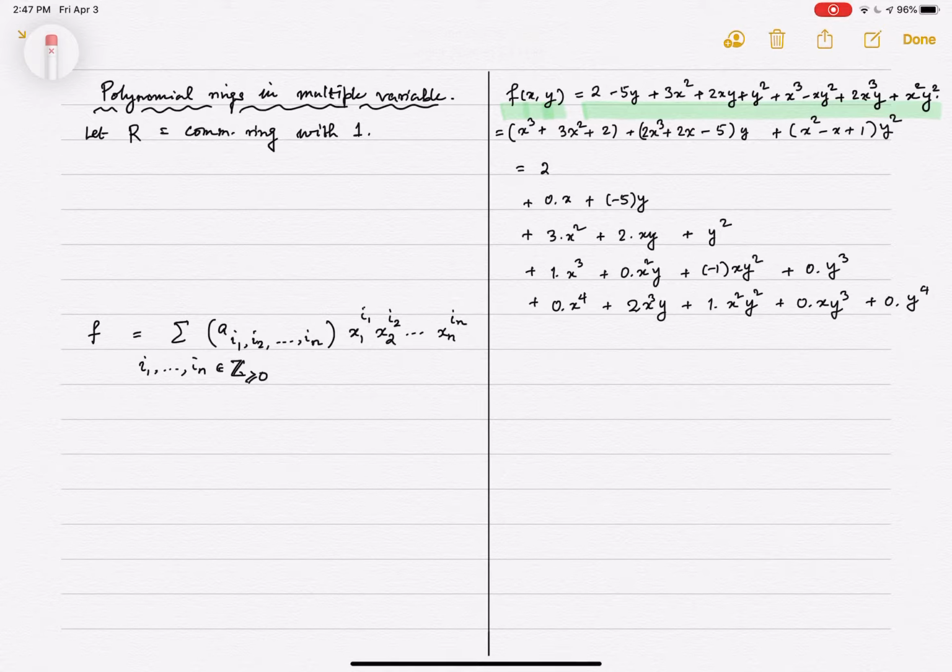This is going to be my notation R[x1, x2, ..., xn].